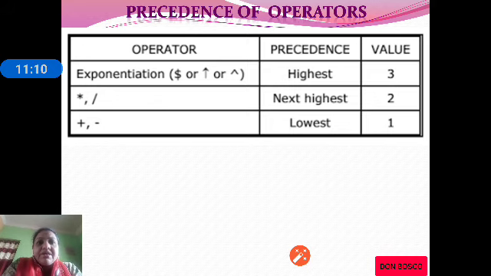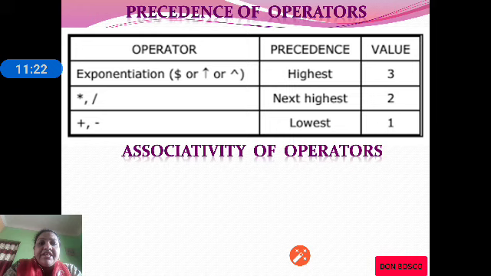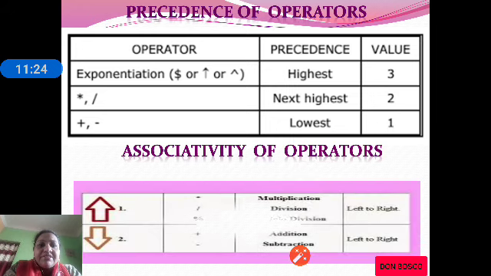Next comes multiplication and division, which has the next precedence, 2. Next comes plus and minus. Then the associativity of the operators: multiplication, division and modulus are left to right, and addition and subtraction are left to right.